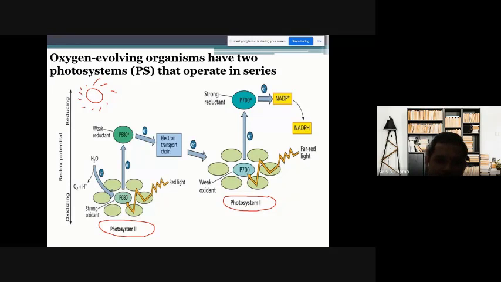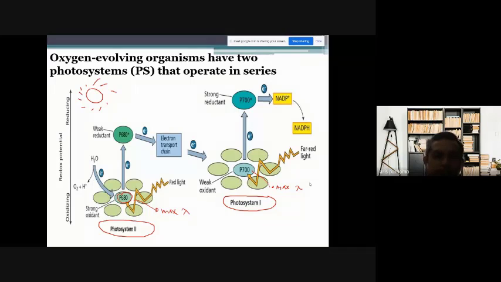This here is the maximum wavelength, and this one is the maximum wavelength that can be captured by the reaction center.